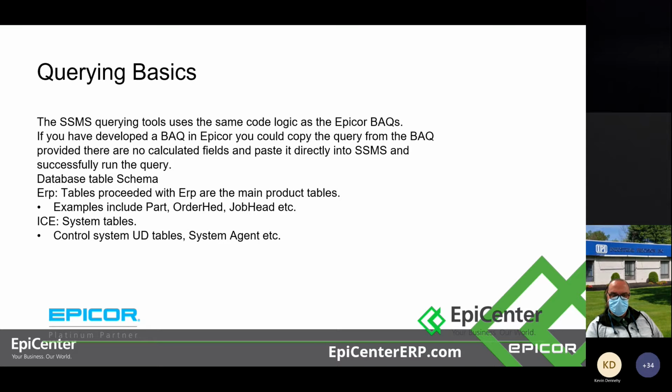These can control user-defined tables, such as the UD01, 02, 101, as well as system process tables like the system agent, system monitor, and other items. So knowing which one, I would say when you're developing queries, whether it's a BAQ or it's querying directly through SSMS, 90% of the time you're going to be querying directly against ERP tables.